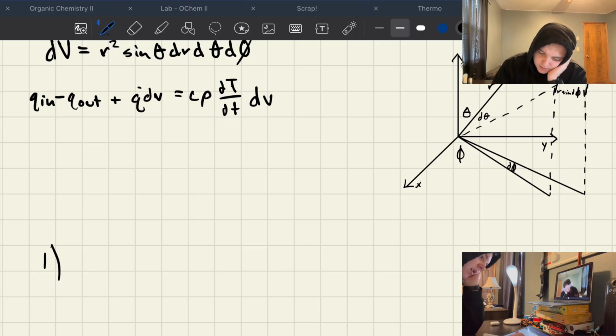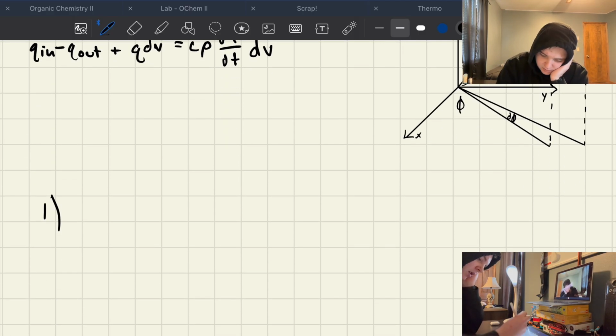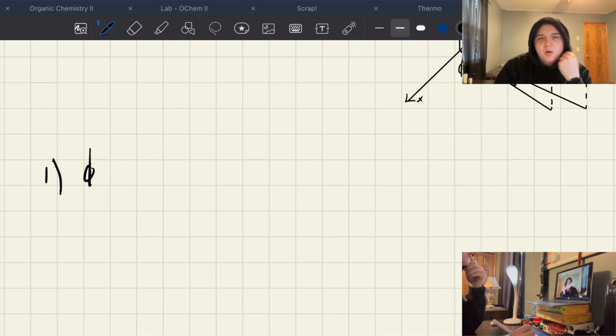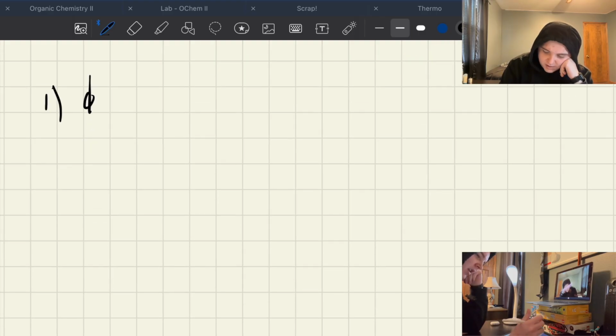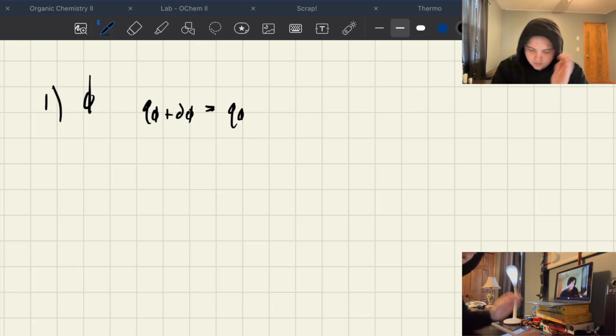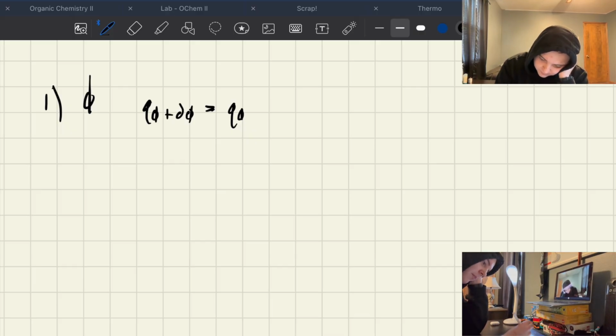So let's get started. We can start with phi. We're just going to do the linear interpolation of these, as we've done in the past already. So q phi plus d phi is equal to q phi plus dq phi over d phi times d phi.